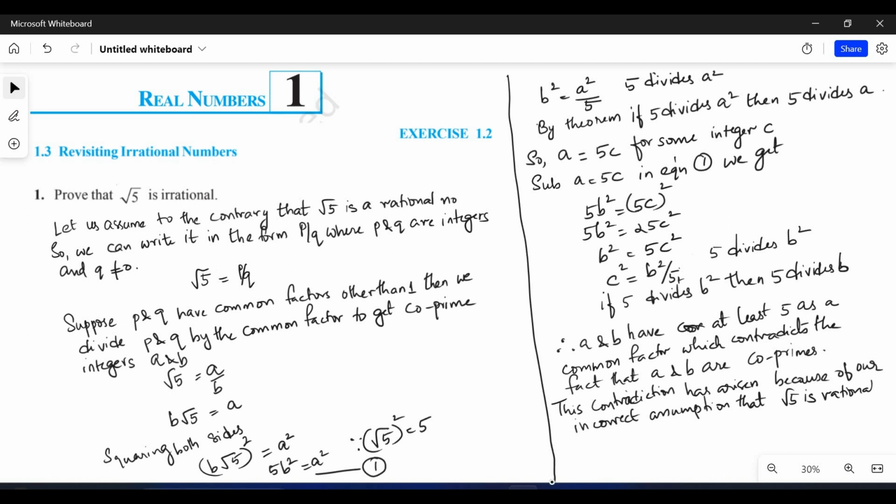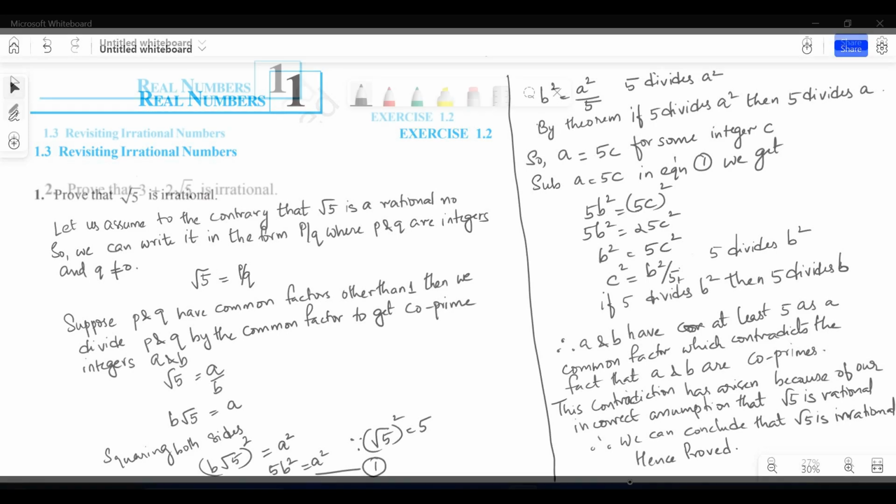Therefore, we can conclude that root 5 is irrational. Hence, proved. Hope you understood this problem. Let's move on to the second problem.